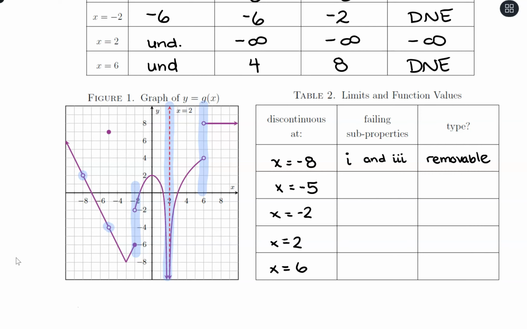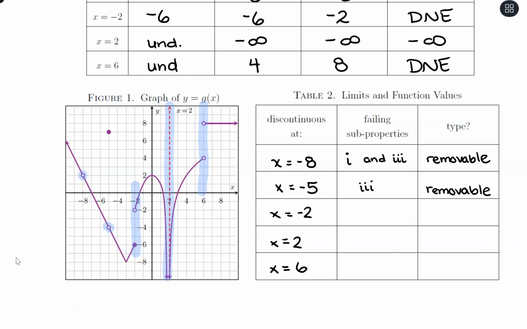At x equals -5, we now have f of a defined, so property 1's okay, but we're still failing property 3 because that two-sided limit is not approaching the output value, because we're defined elsewhere. So this is also our removable discontinuity.